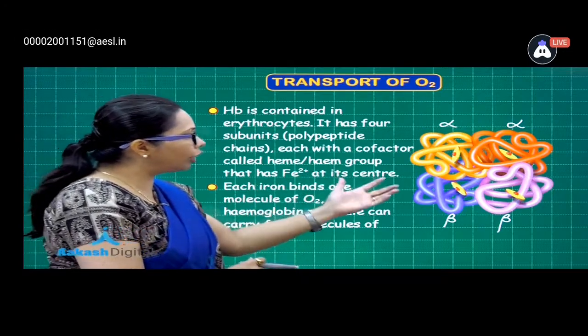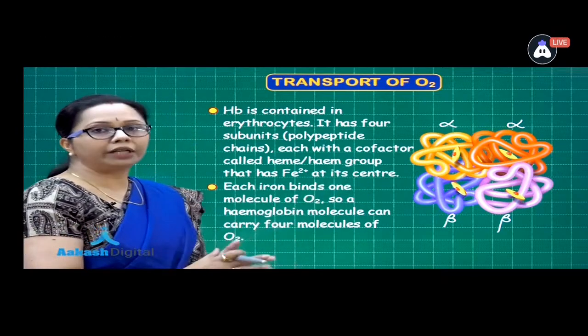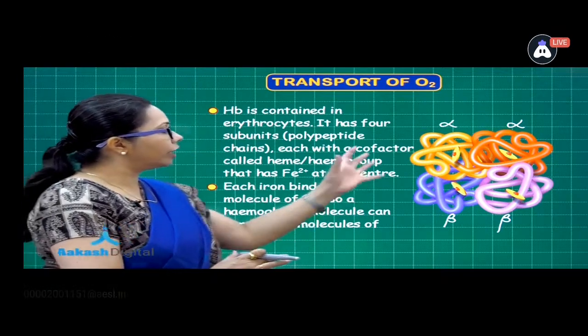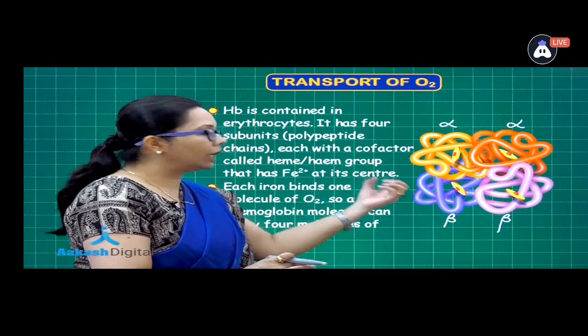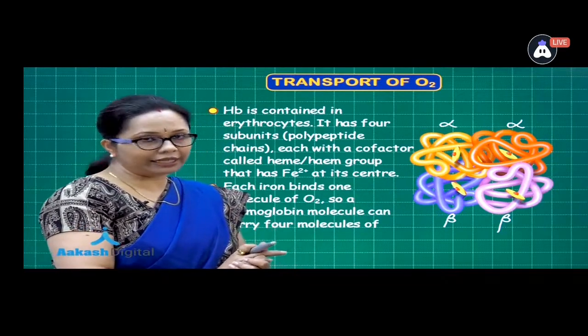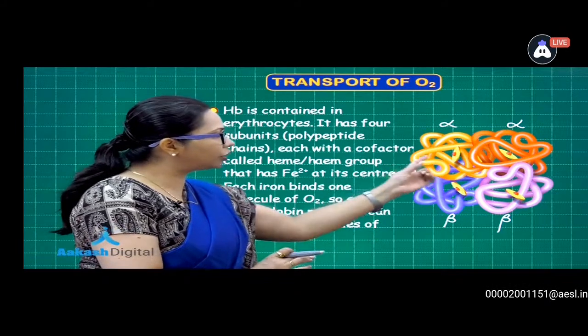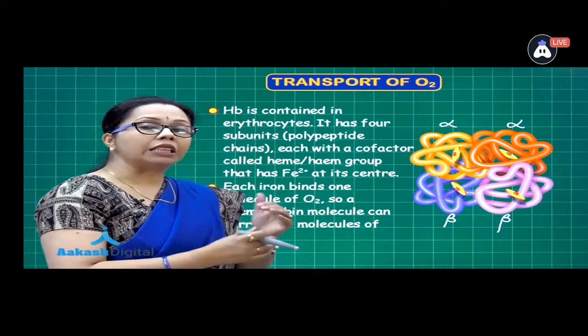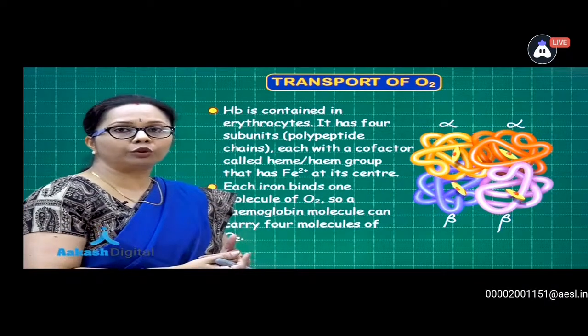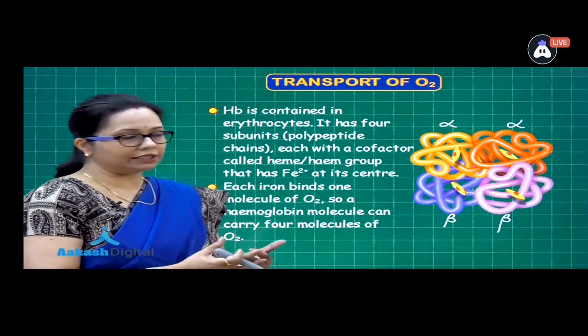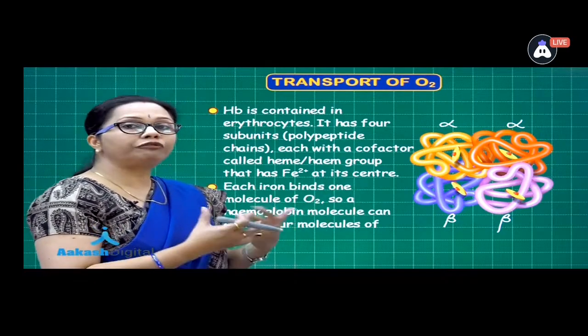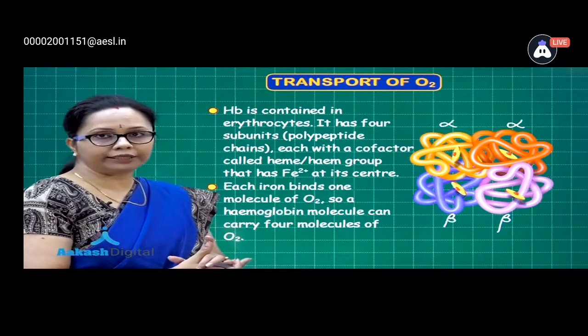Now all these 4 molecules do not bind simultaneously. Rather, when there is no oxygen, the affinity for that oxygen is less. So once the first molecule of oxygen binds, the affinity for the next molecule increases. Then for the next, it will further increase till it is fully saturated.